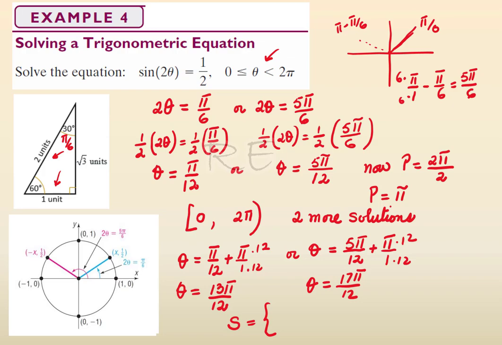So the solution set will be pi over 12, 5 pi over 12, 13 pi over 12, or 17 pi over 12. Remember that theta is between 0 and 2 pi.